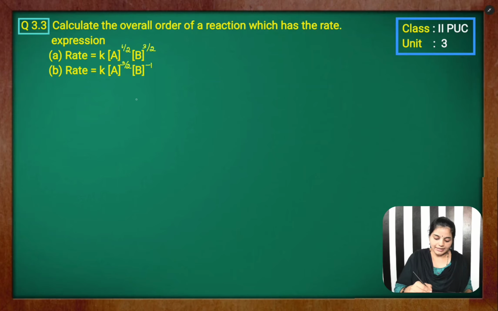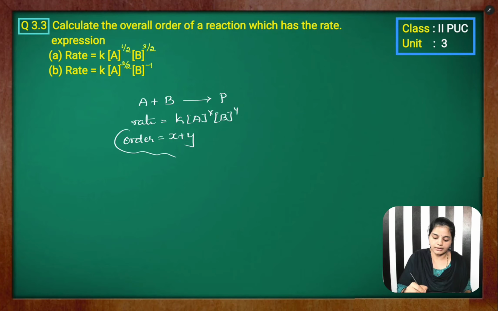So for any reaction like A plus B giving products, we can write the rate law as rate is equal to K concentration of A raised to X into concentration of B raised to Y. So for this rate law, order of reaction is equal to X plus Y. So order is given by the sum of powers of the concentrations in the experimental rate law.